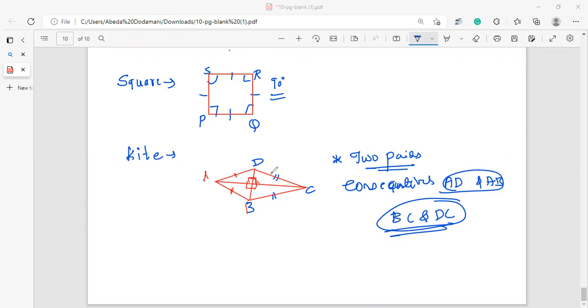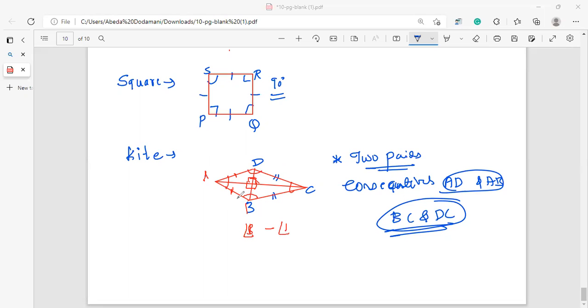Okay, and if I consider the angle B in the figure, this is our angle B, and if you consider the angle D, angle B and angle D are equal, but angle A and angle C are not equal. So only one pair of opposite angles is equal. The angle B is equal to angle D, but the angle A is not equal to angle C. So these are some properties of the kite, guys.